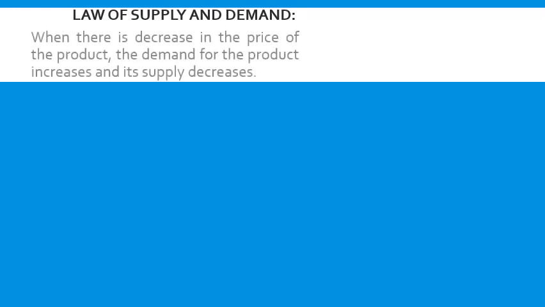Now we will discuss the law of supply and demand. When there is a decrease in the price of a product, the demand for the product increases and its supply decreases. It's common sense that whenever the price of a product decreases, normally we tend to buy more. When we buy more, it's an indication that the demand for the product is increasing.